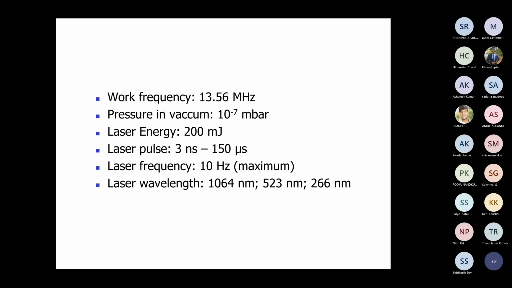Others operate in the ultra high vacuum regime. The working frequency, like 13.56 megahertz, is the RFID frequency, and the pressure in vacuum is 10 to the minus 7 millibar. This is just an example of one application. This is very high vacuum, but as I told, high vacuum and low vacuum regions can also be used.